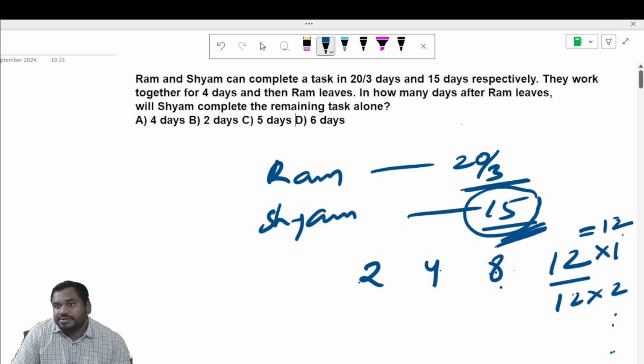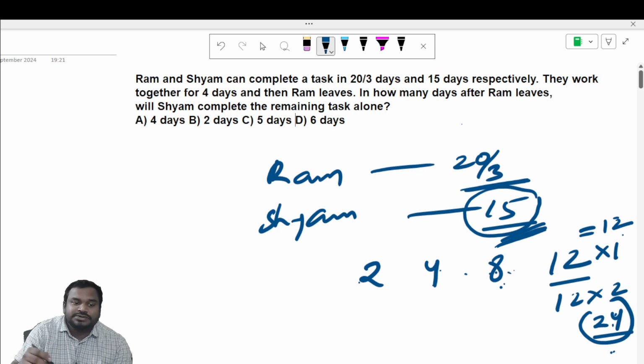Then multiply with 2 and you get 24. 24 is obviously divisible by 8, 4 and 2 with remainder 0. So 24 is the LCM of 2, 4, 8 and 12. Like that you need to find the LCM.